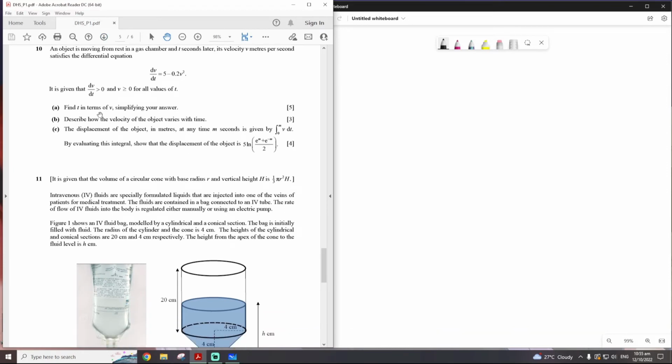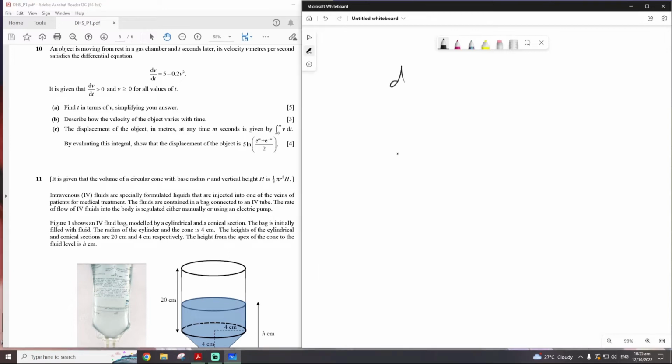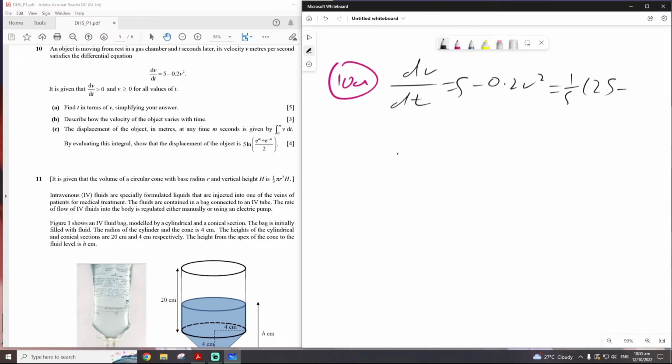Differential equation, question 10. We have dv/dt equals to 5 minus 0.2 v squared, which in fact you will notice is 1/5 of 25 minus v squared.